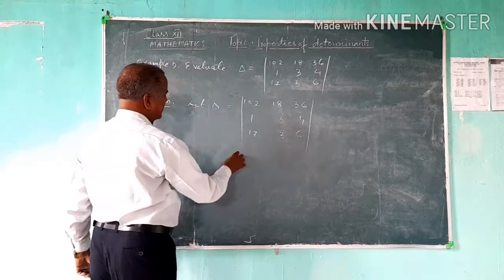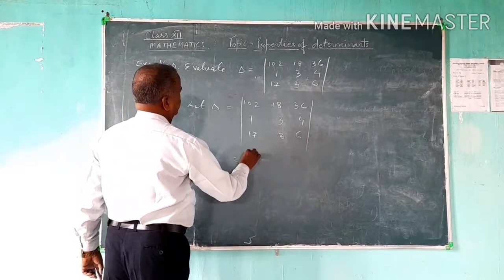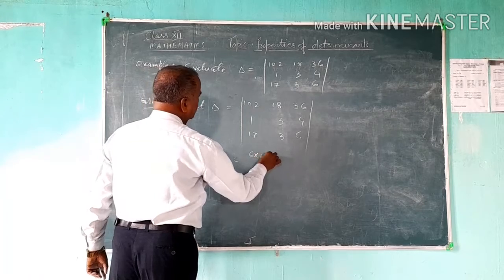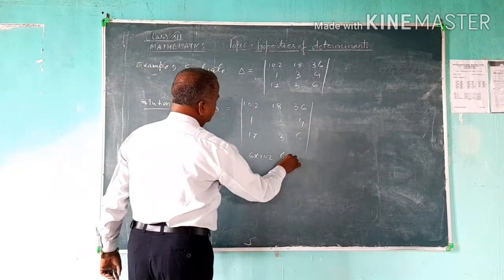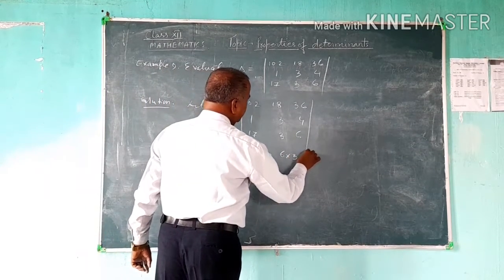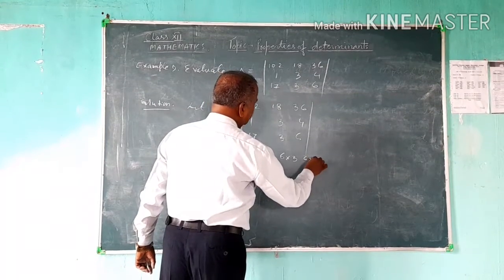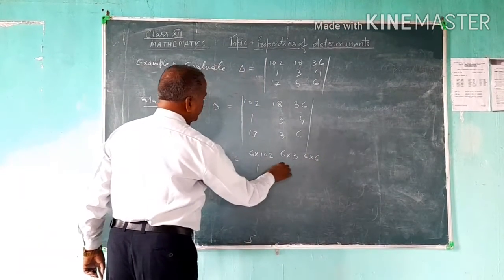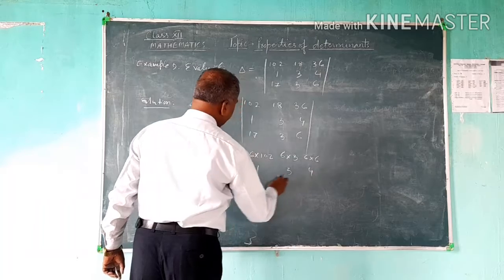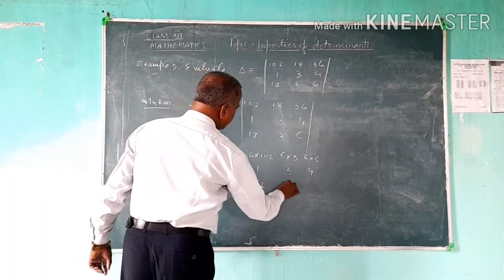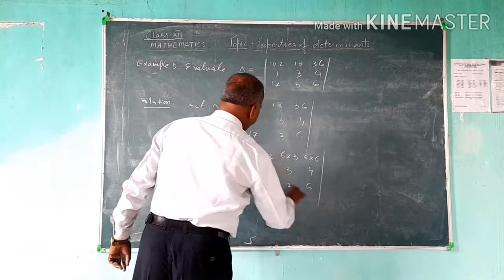So this is equal to 6 into 17, 6 into 3, 6 into 6, 1, 3, 4, 17, 3, 6.